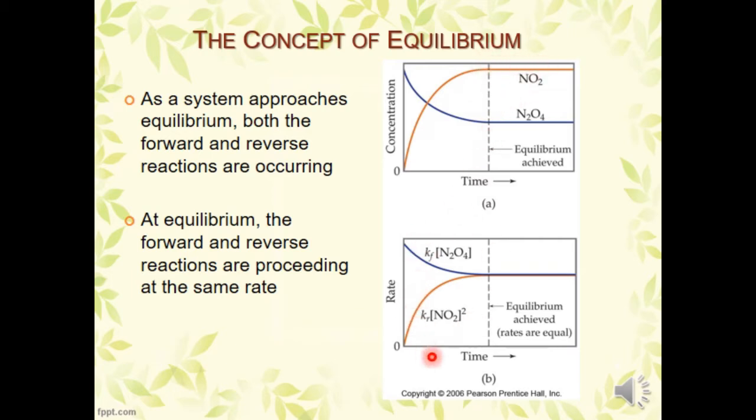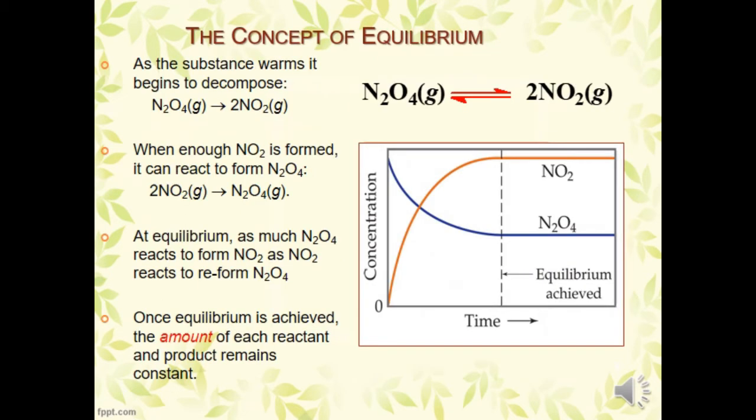And again, if we plot the rate versus time, this would be the forward reaction rate, this would be the reverse reaction rate. This is the point where the rates become equal, equilibrium. Note that you will see arrows pointing in both directions for chemical equilibrium.